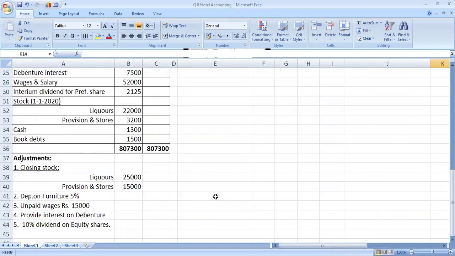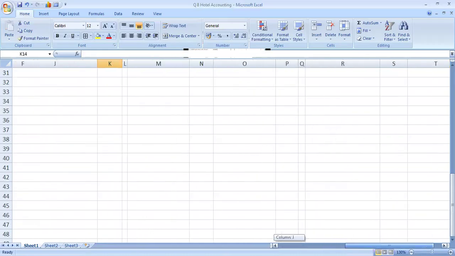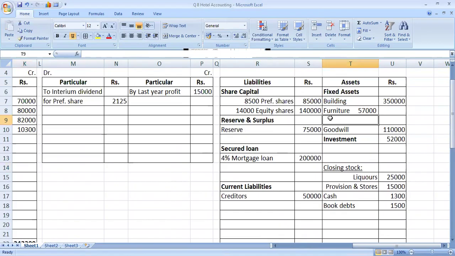Now adjustment number second, depreciation on furniture 5%. First effect, less from furniture, as the depreciation. 5% depreciation on 57,000, that is 2,850.